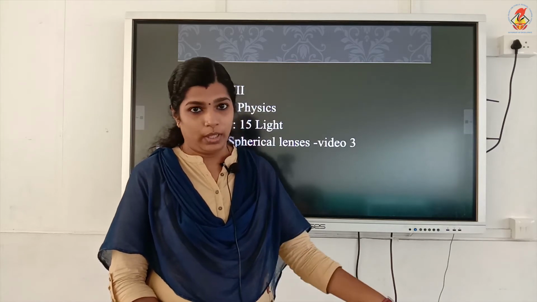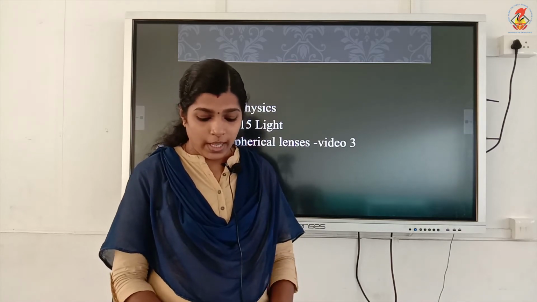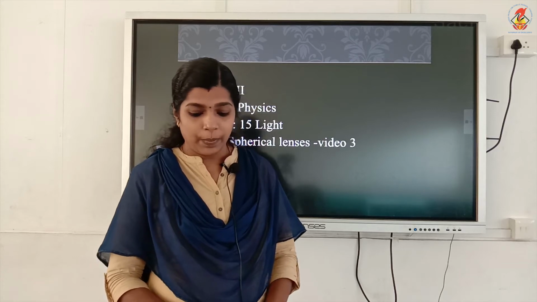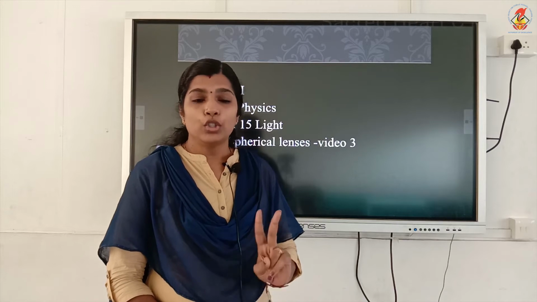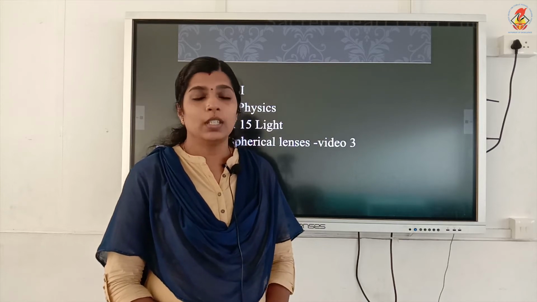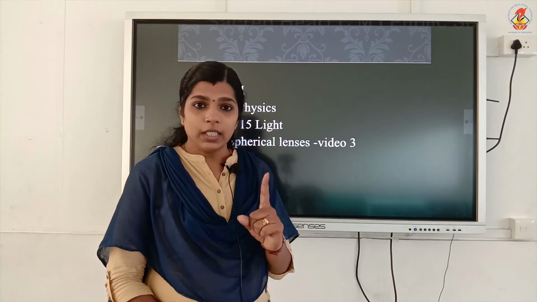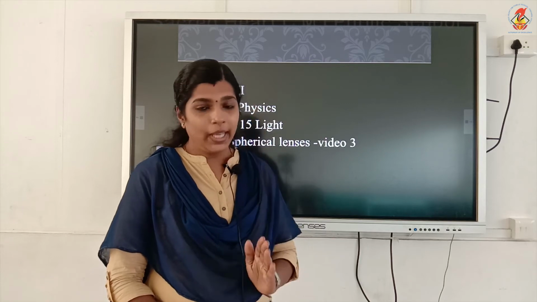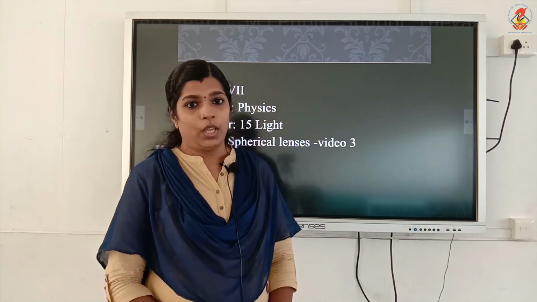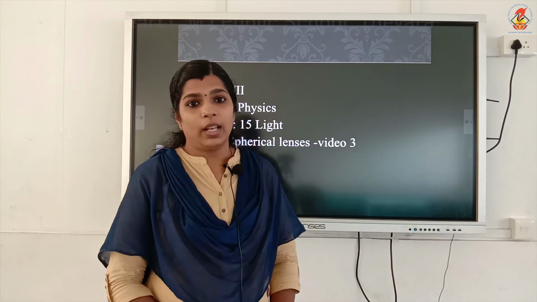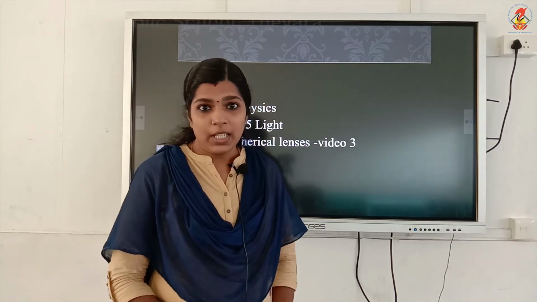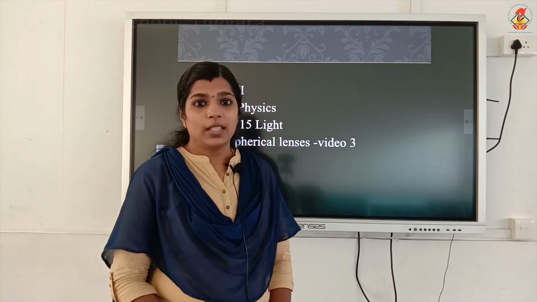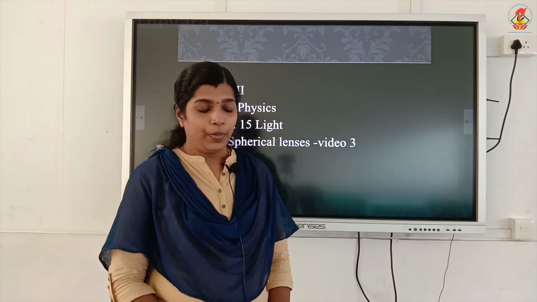So, a lens is a transparent piece of material bounded by two curved surfaces or one curved surface and one plane surface. When light passes through the lens, the light ray will suffer bending and change direction.